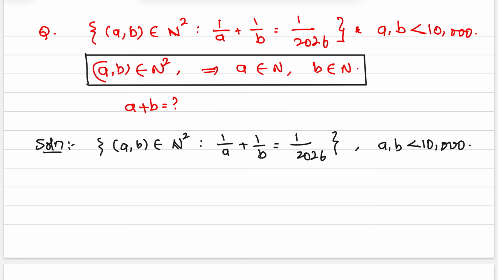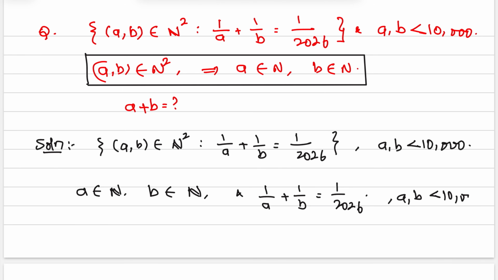Now, A belongs to the natural number set N and B belongs to the natural number set N, and 1 by A plus 1 by B is equal to 1 by 2026. This is what is given here. And A, B less than 10,000. These are the conditions given.